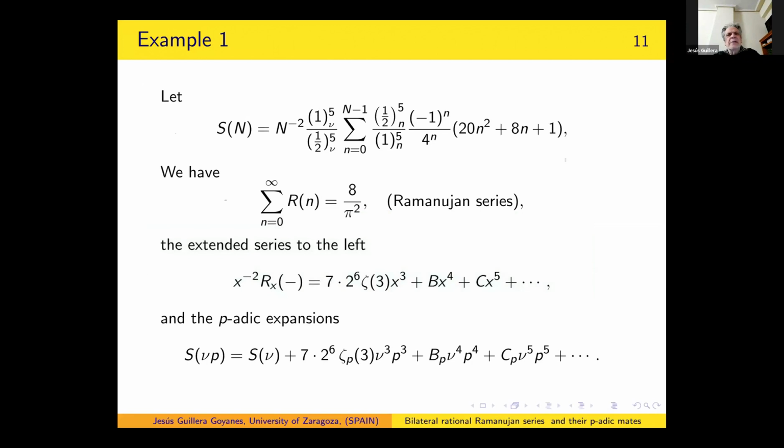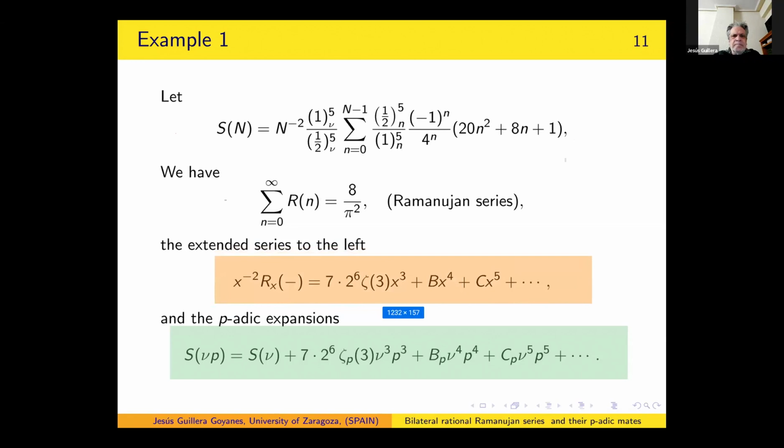The definition above, the p-adic expansion is very simple. It has this form. And Ramanujan series to the left.